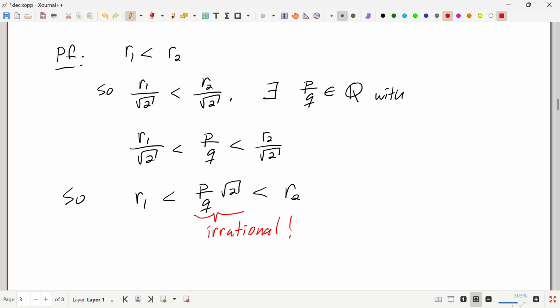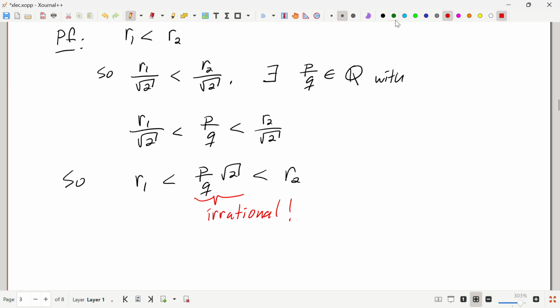Let's see, if it was rational, then I could solve for the square root of 2, and I get that square root of 2 is rational. I'll put a quick demonstration in the margin here. P over Q times square root of 2 equals rational, then it would be equal to, oh, how about curly P over curly Q?